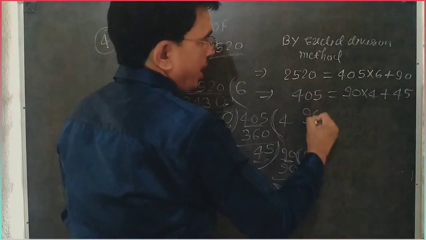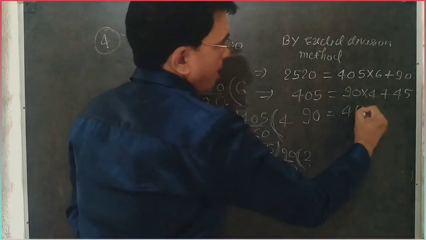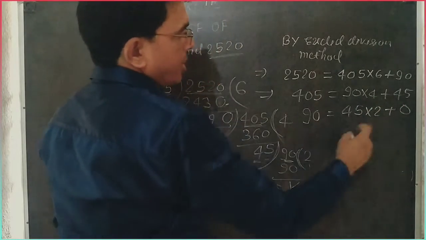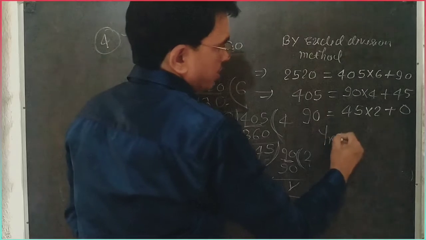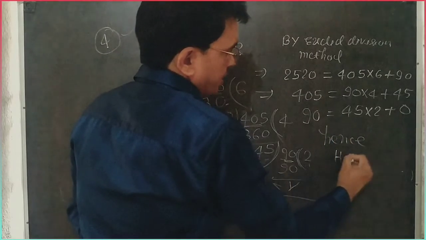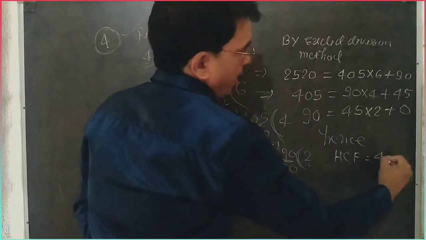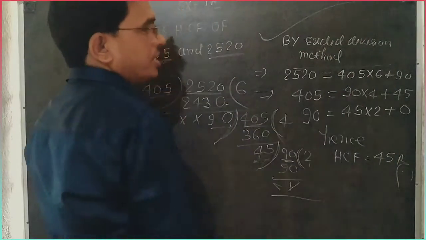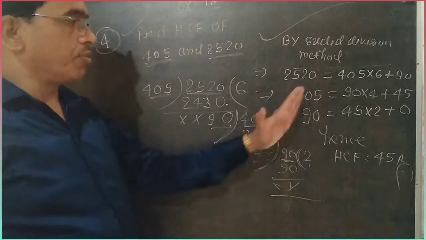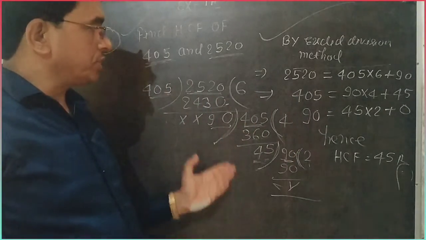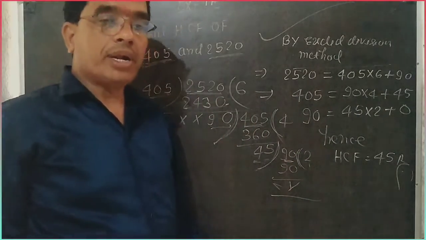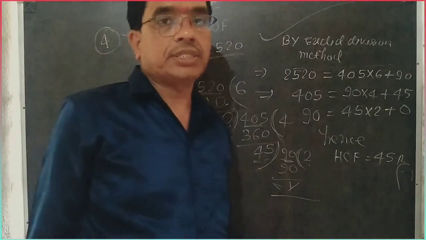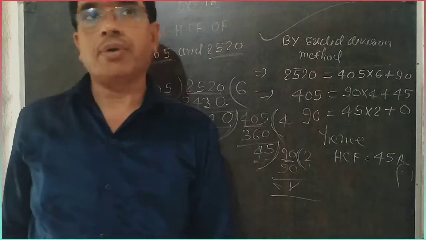So here is 90 and it is 45 into 2 plus 0. And now remember 0. Hence, HCF is 45. So this method is called Euclid's division method. You solve this method only when you solve HCF questions by the division method, and then arrange by Euclid's division. So the remaining questions you solve.